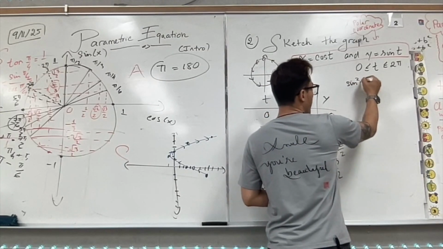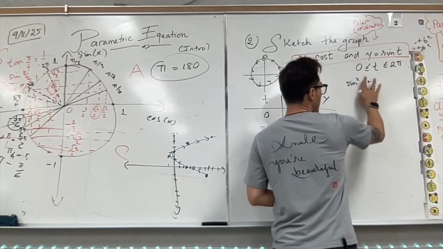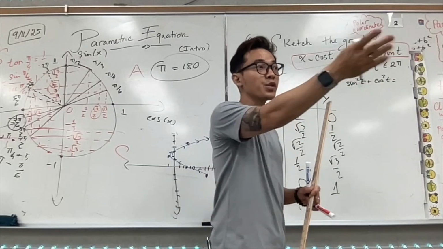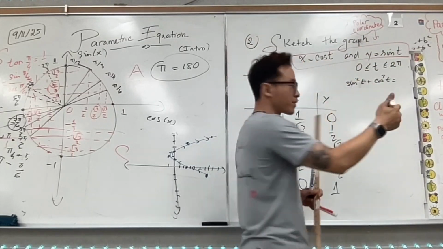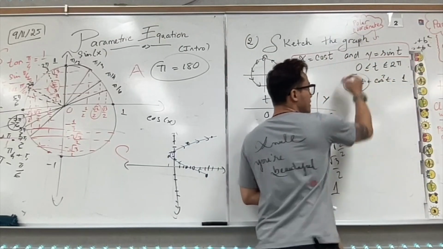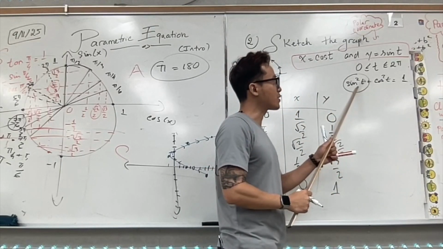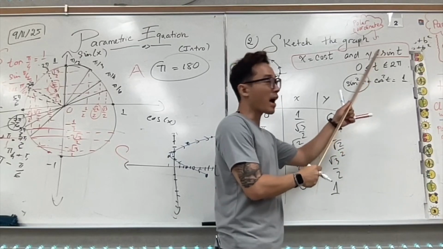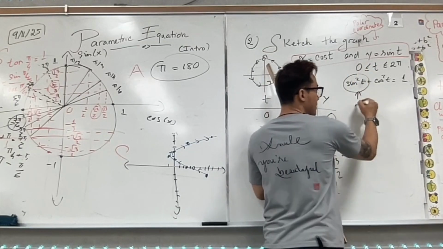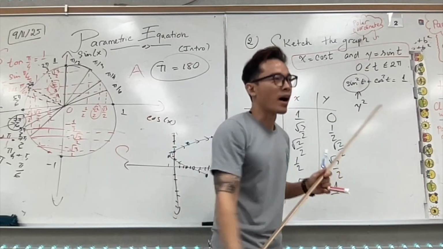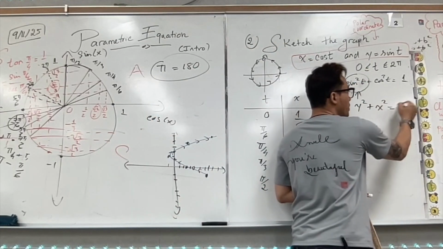What is sine squared t plus cosine squared t? Equal to, so what do we say? 1, right? What is sine t? Y. So what is this one? Y squared. Yeah? Y squared plus x squared equals 1.